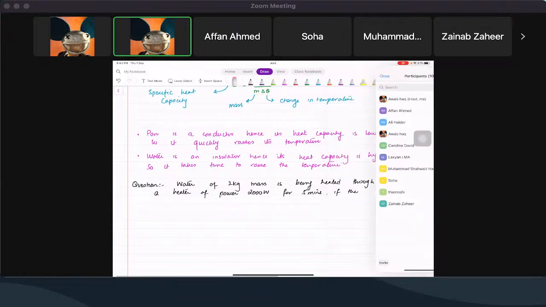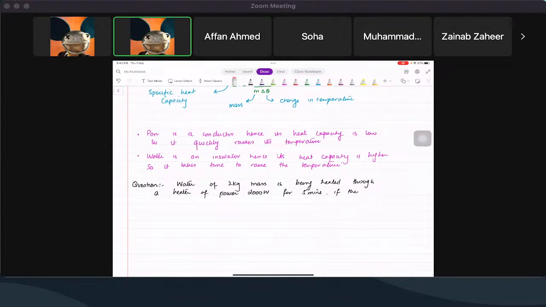Fine. So, water of 2 kg mass is being heated through a heater of power 2000 watt for 5 minutes. If the initial temperature is 20 degrees Celsius, what will be the new temperature after 5 minutes?